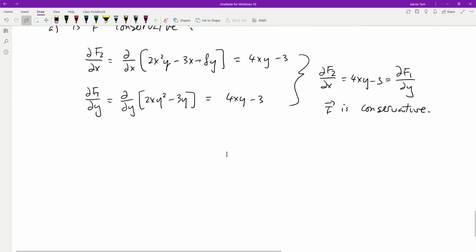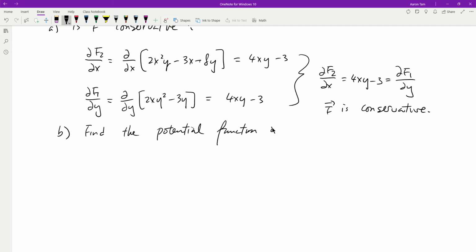Now, if it is conservative, the potential function must exist, and it's just a matter of trying to find the potential function. So this is something new. How do we find the potential function of vector f?